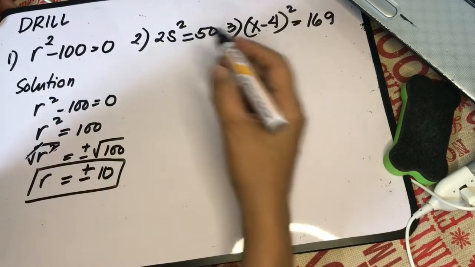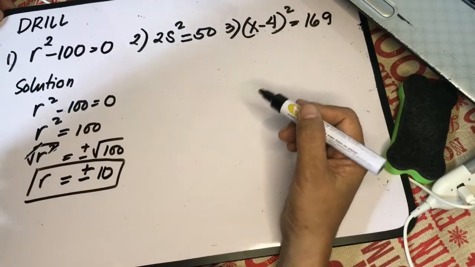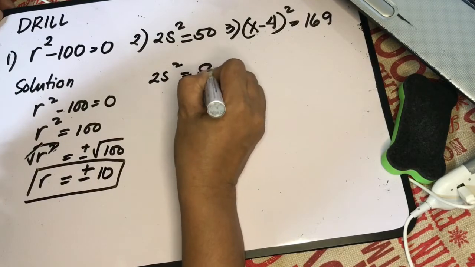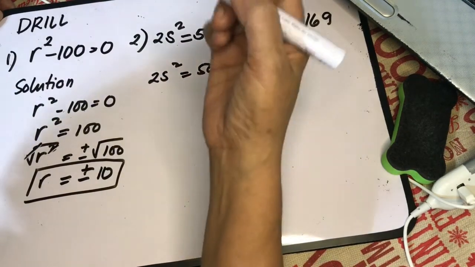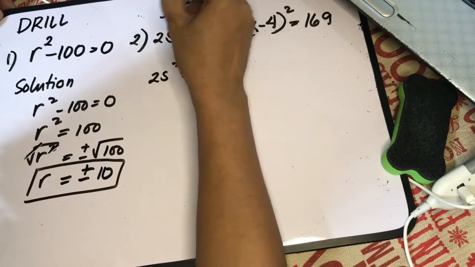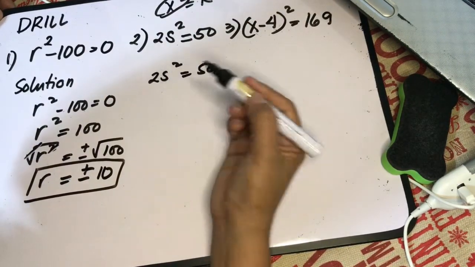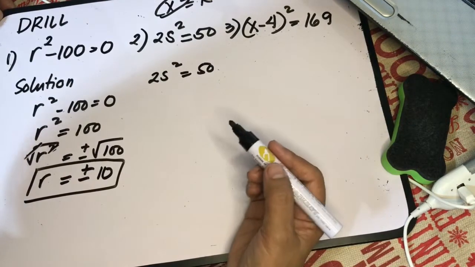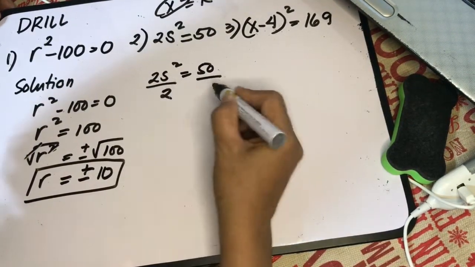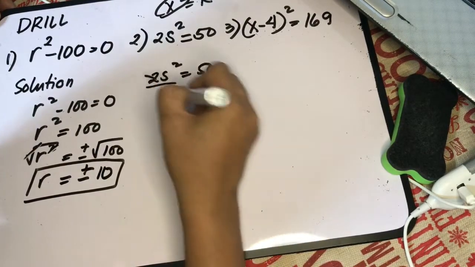Okay. Now, what about number 2? In number 2, you have 2s squared is equal to 50. So, this is supposed to be in the form of x squared equals k. So, dapat s squared lang ang maiiwan dyan. So, what are we going to do with this? We have to divide this by 2, para ma-eliminate yan.